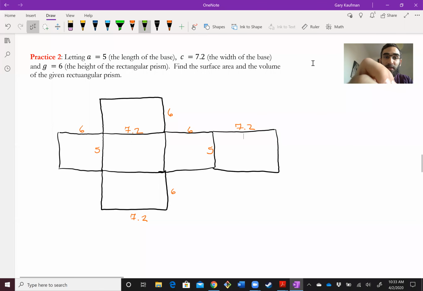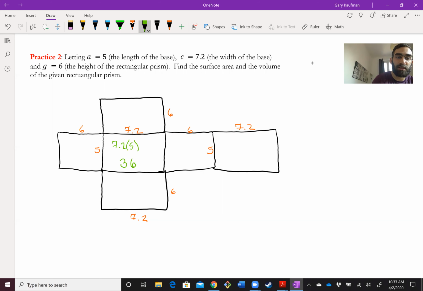Here is my net. So again, I can find the individual areas of each one. So for example, my base, which is right here, is 7.2 times 5. And when I do 7.2 times 5, I get that this is 36. Now I'm going to do the 7.2 times 6 and realize that this right here is going to be 43.2.